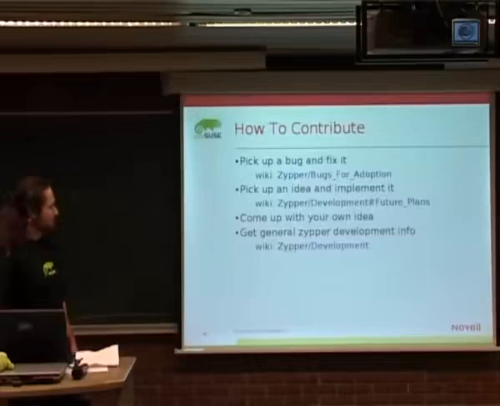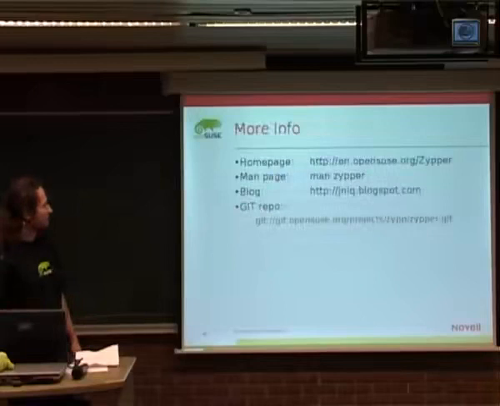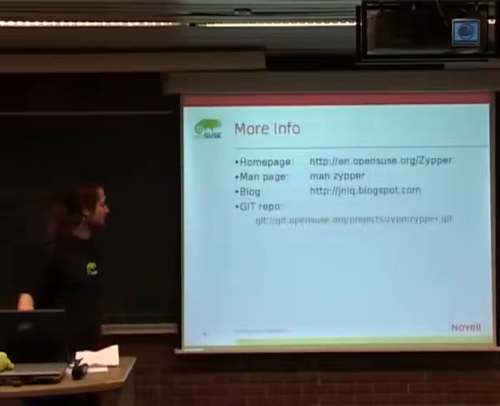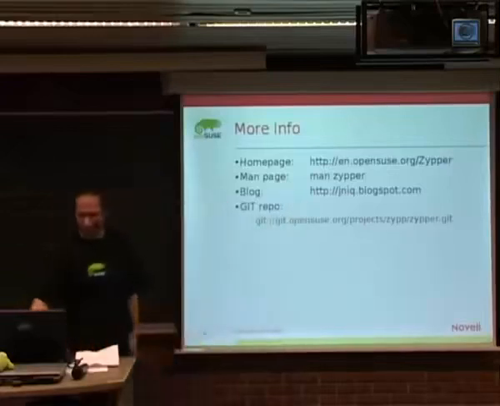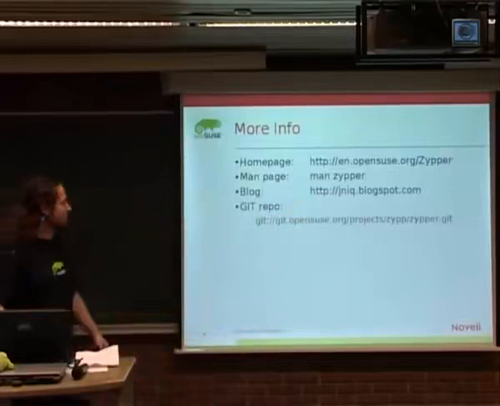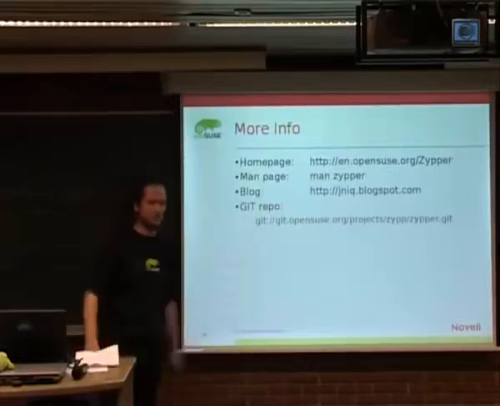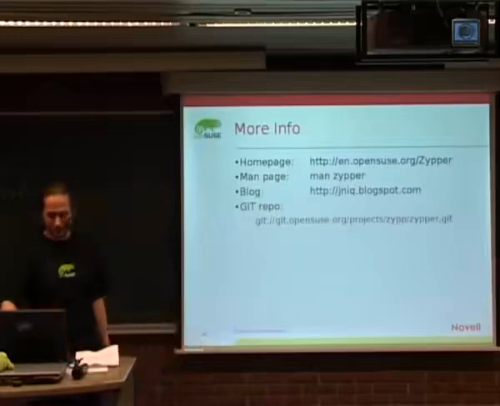So we'll be glad if you join us. And here are some links. Zypper's homepage, my blog, where I post some interesting stuff about Zypper, and this is the Git repository where we host our project.